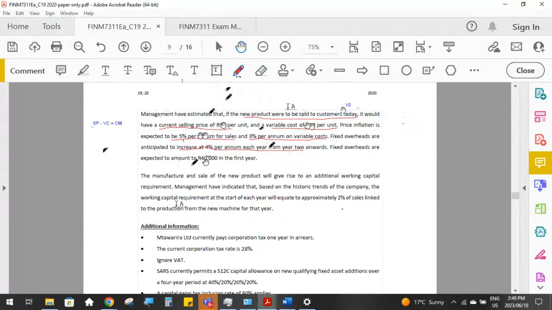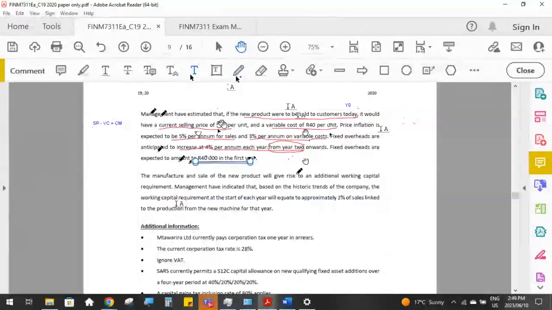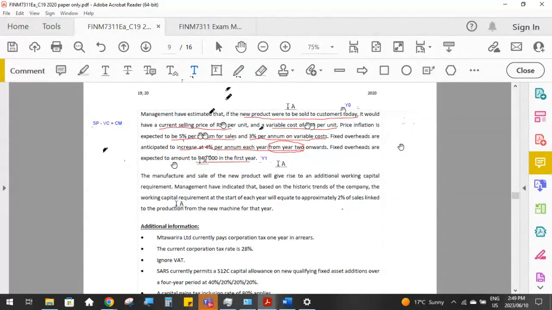Fixed overheads are anticipated to increase at 4% per annum each year, but only from year 2 onwards. So in year 1, the fixed costs will be whatever amount they give us now, and fixed overheads are expected to amount to 40,000 in year 1, in the first year. So they've given us year 1's value for fixed costs there in that 40,000.